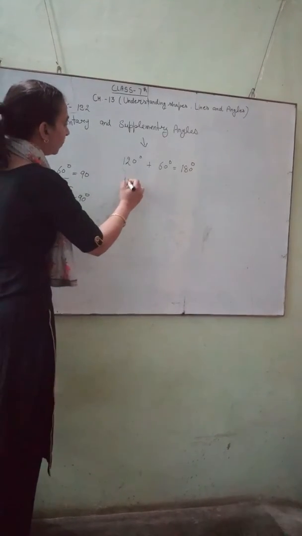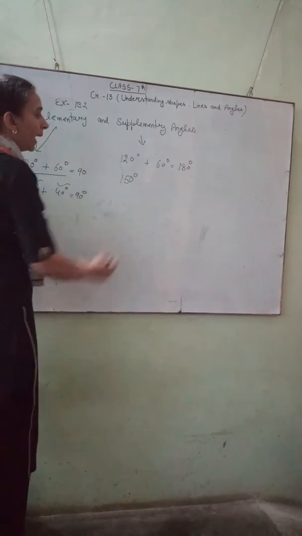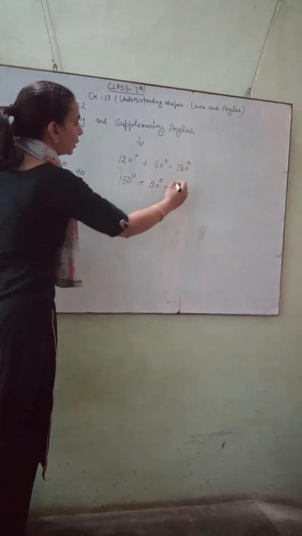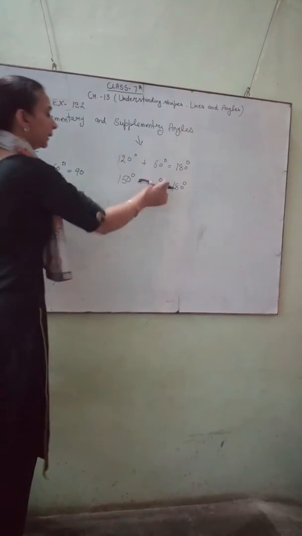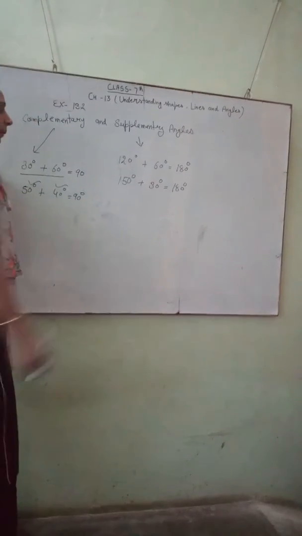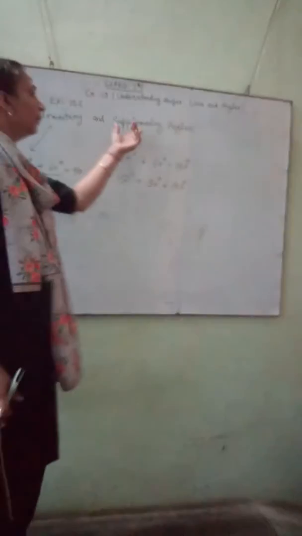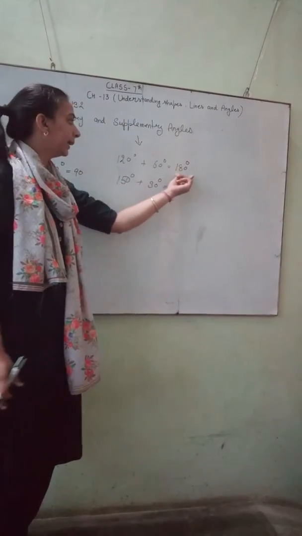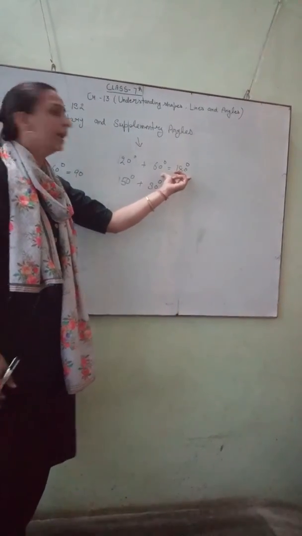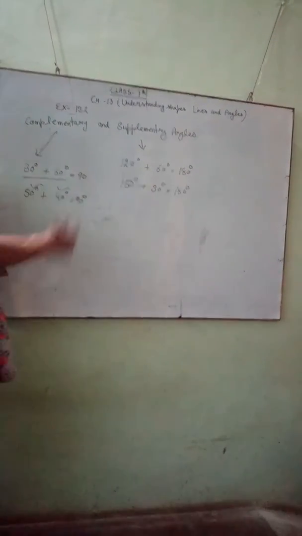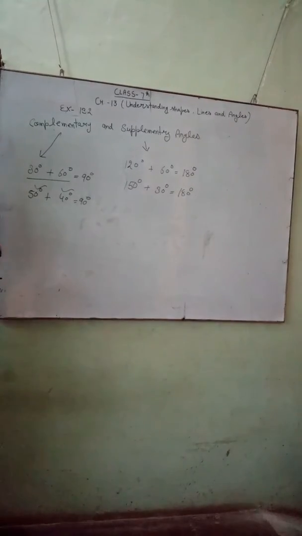If there is a 150 degree angle and a 30 degree angle, the sum of these two angles is 180, then 30 is the supplement of 150, and 150 is the supplement of 30. If the sum of two angles equals 180, then these angles are supplementary. If the sum of two angles equals 90, then they are complementary angles.